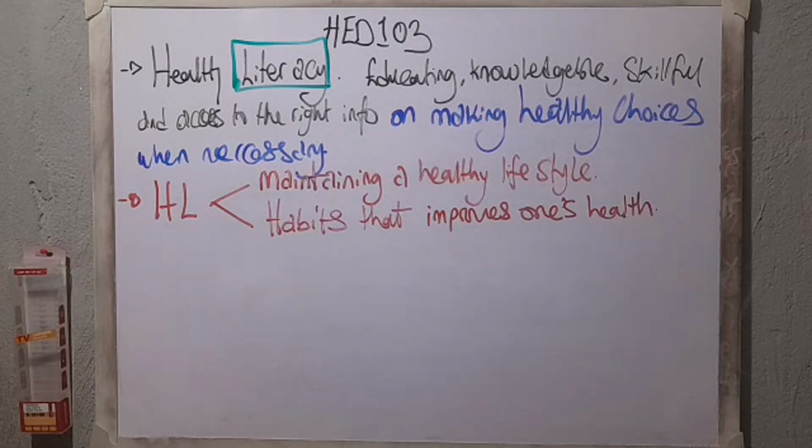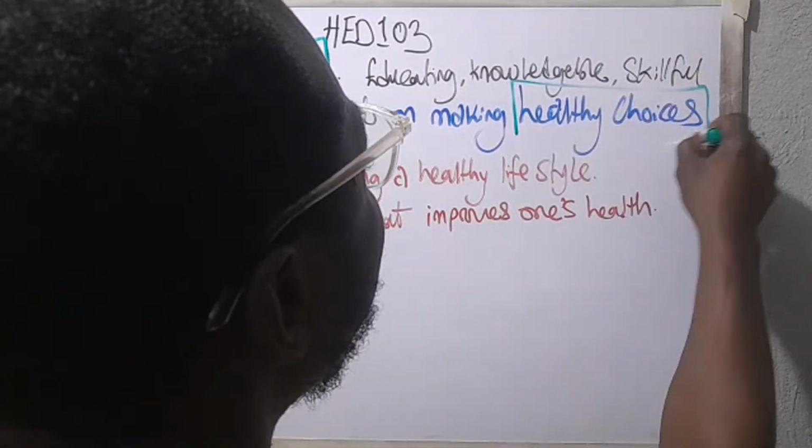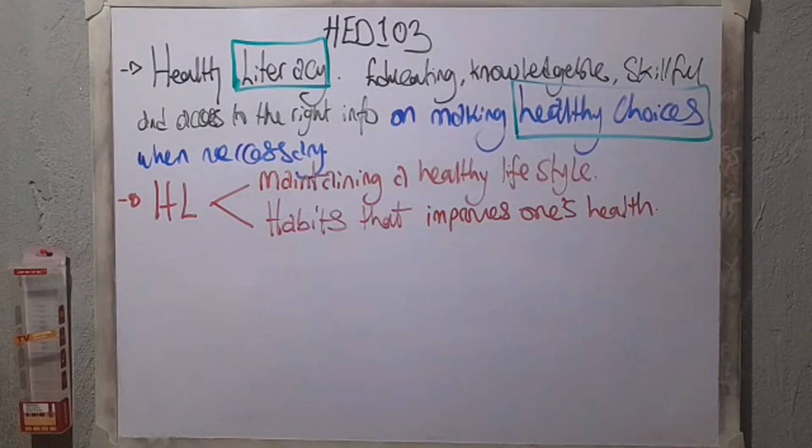The media also has a very important role to play when it comes to educating people, making people knowledgeable and skillful, and giving them access to the right information about making healthy choices, healthy decisions.